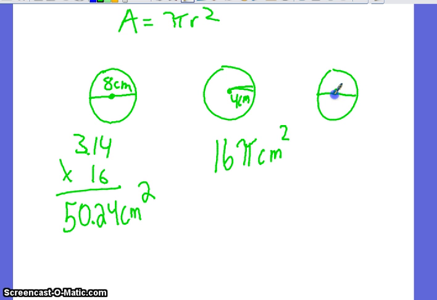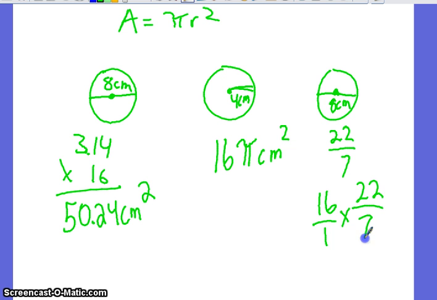And one more. Same numbers, because the numbers don't matter. This time we're going to use 22/7 for pi. Okay, so the radius is obviously 4. 4 squared is 16. So if you write 16/1 times 22/7, what do you get? Can't simplify this one at all.